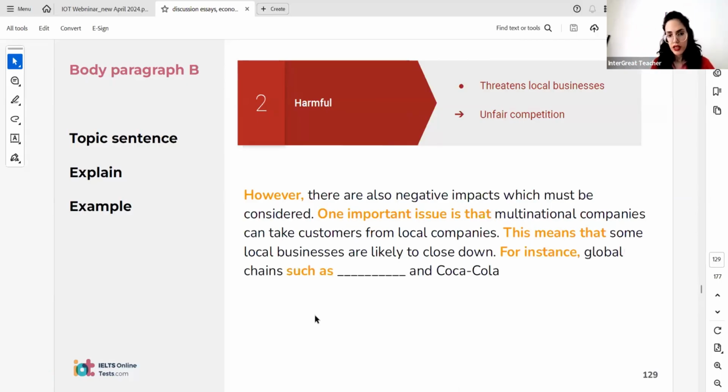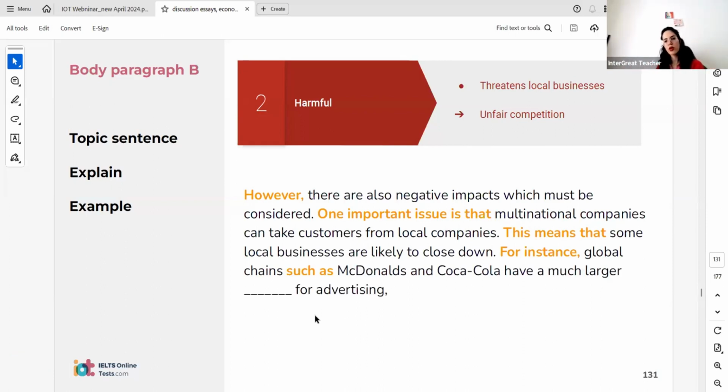For instance, global chains such as McDonald's, because there are many, many international global chains, let's say global chains, such as McDonald's and Coca-Cola have a much larger what for advertising? Larger, good.